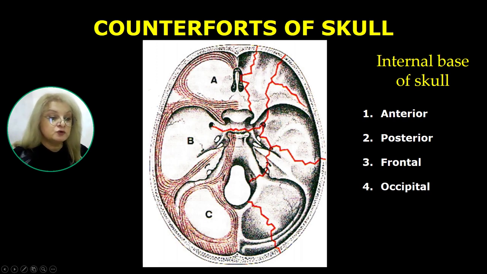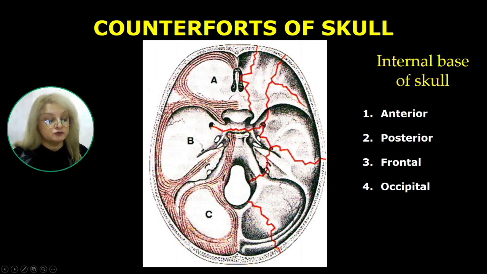And counterforts of the internal base of the skull: anterior counterfort, here is that, then posterior counterfort, frontal counterfort, and occipital. Anterior counterfort corresponds to the lesser wings of the sphenoid bone.